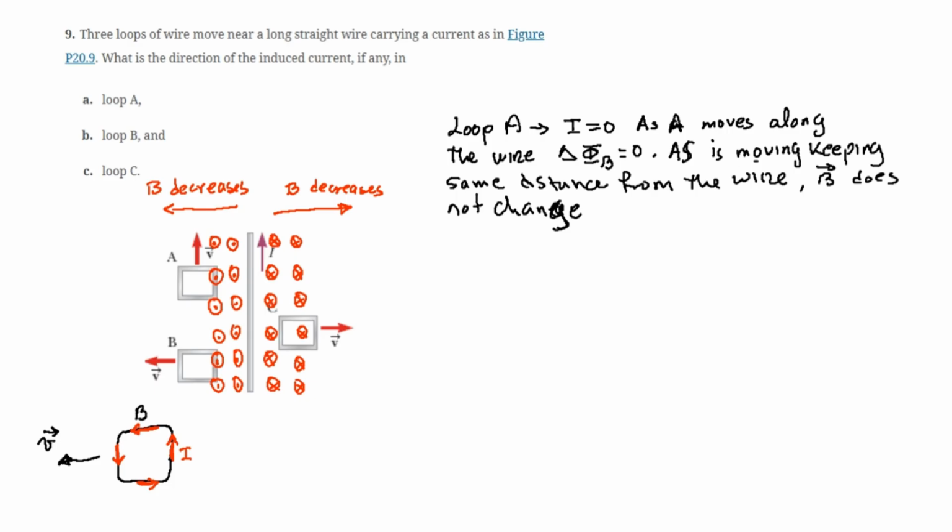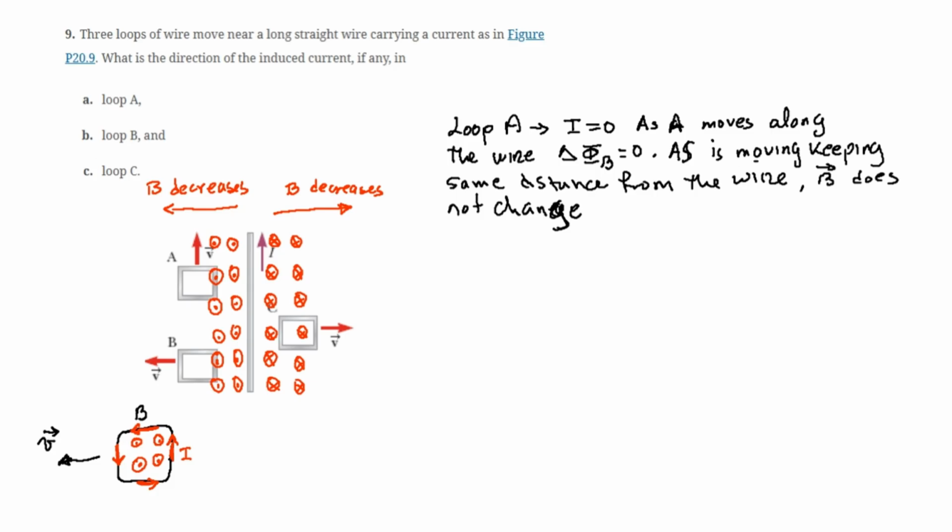Why? Because if you apply the right-hand rule, now in all this area inside, you have a magnetic field that is leaving the plane. So the magnetic field due to this straight wire decreases. So that induces a current that opposes that decrease, creating a magnetic field inside that increases.